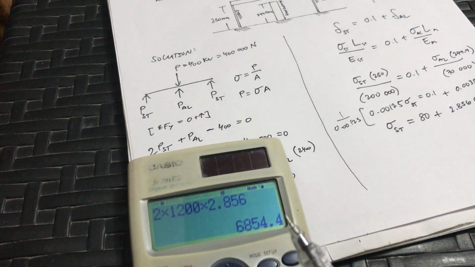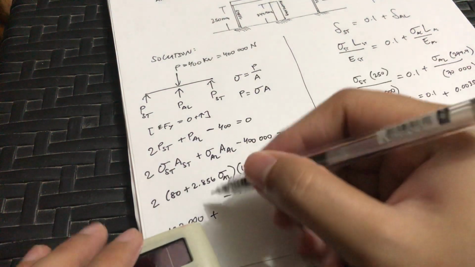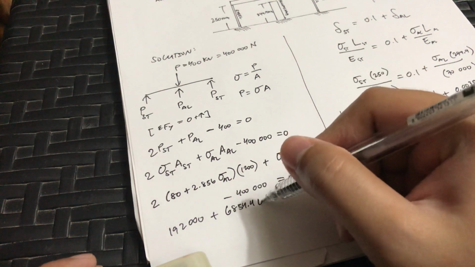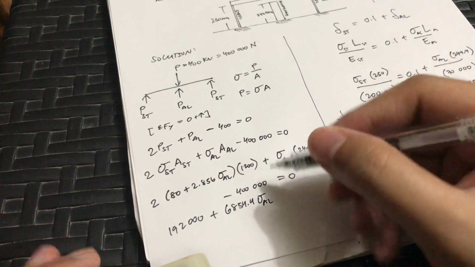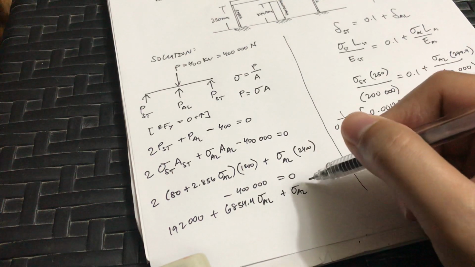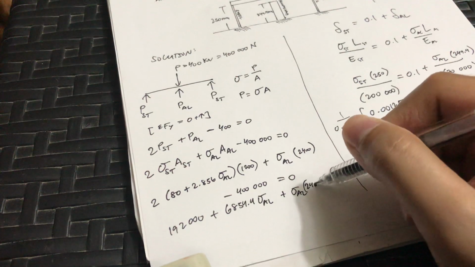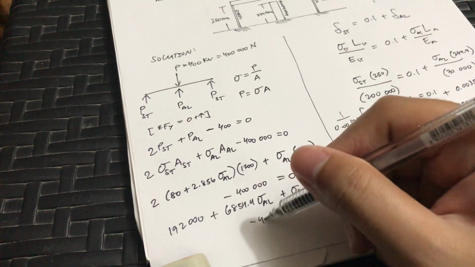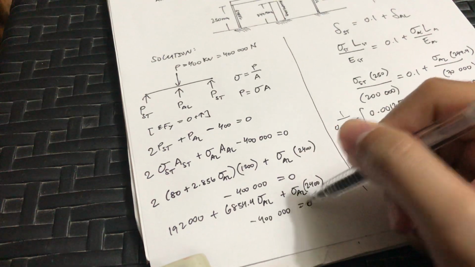We have 6854.4 stress of the aluminum plus stress of the aluminum times 2,400, minus 400,000 equals 0.